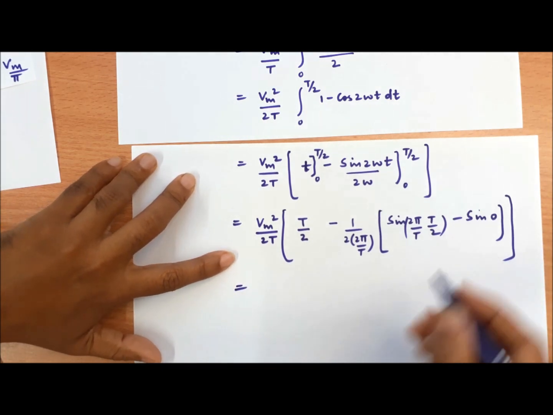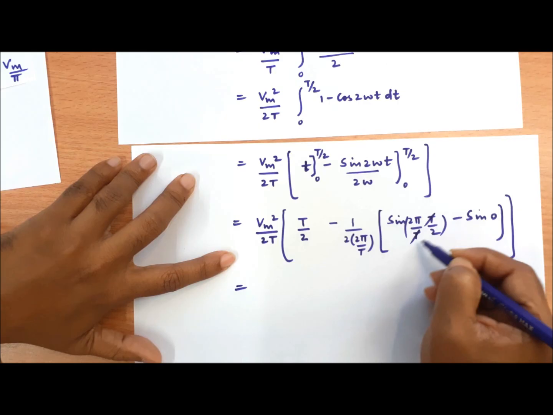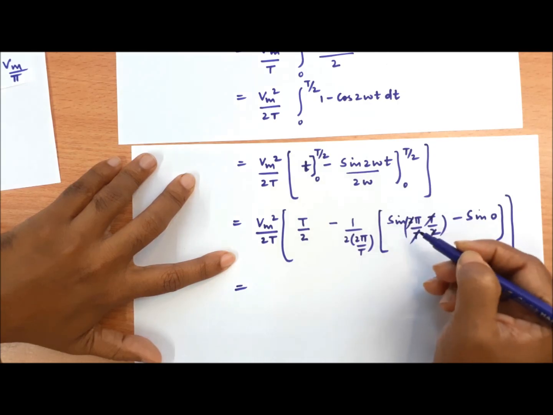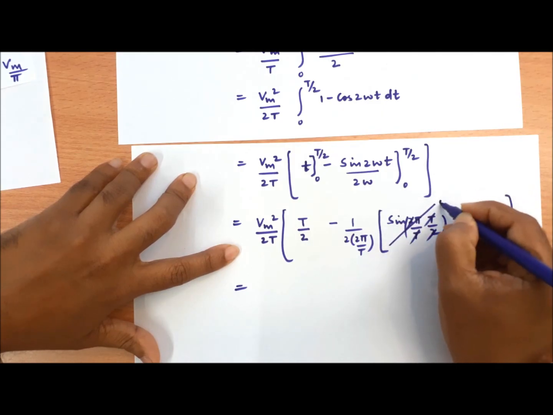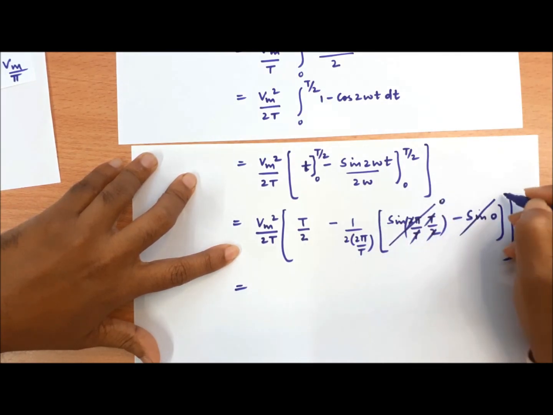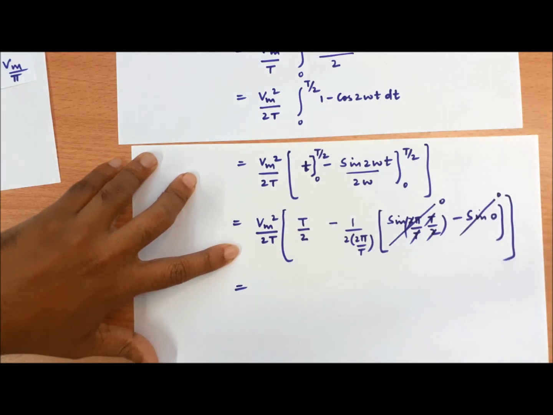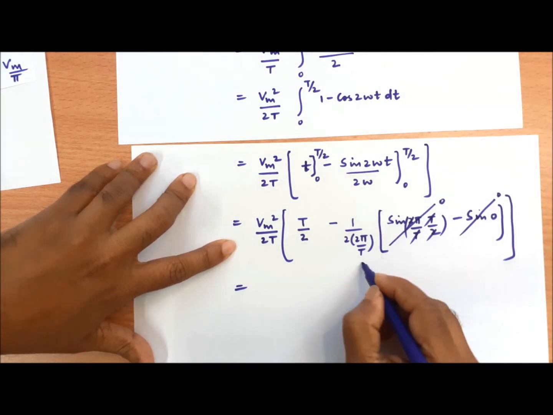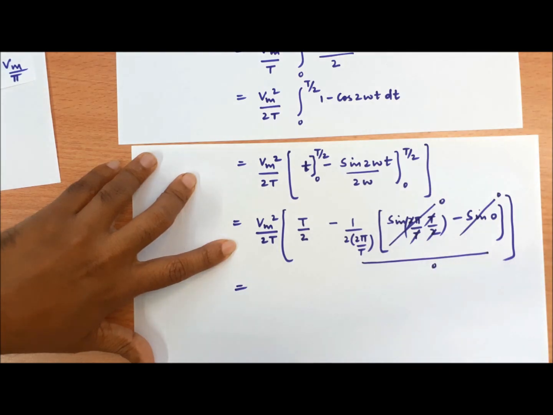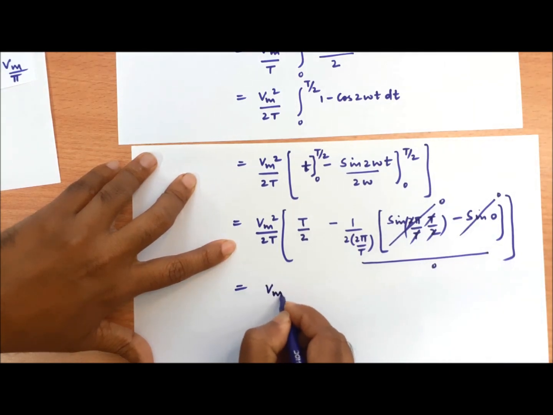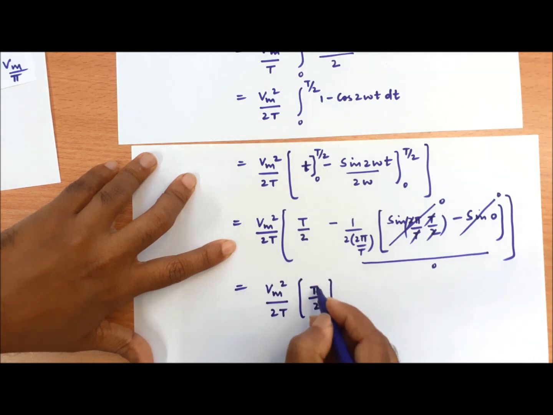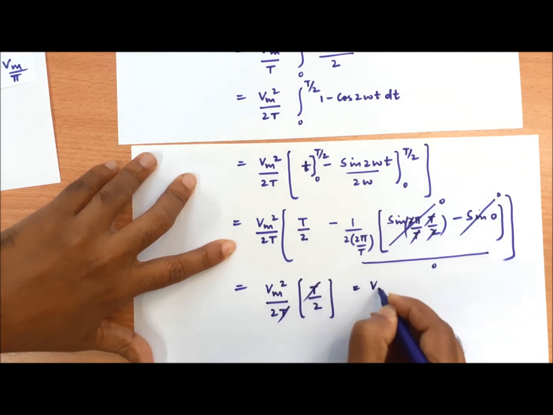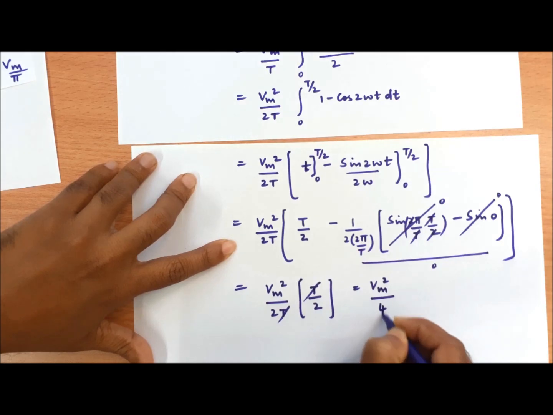Now if we closely observe, T gets cancelled, 2 gets cancelled. So what is sine of pi? Well, sine of pi is 0. Similarly, sine of 0 is also 0. So what will be the net result? This entire term becomes 0. So what am I left with? I am left with Vm square upon 2T times T by 2. So T gets cancelled. I'll be getting Vm square upon 4.